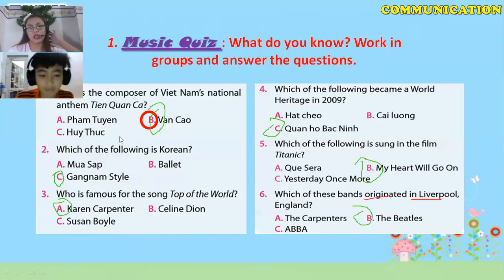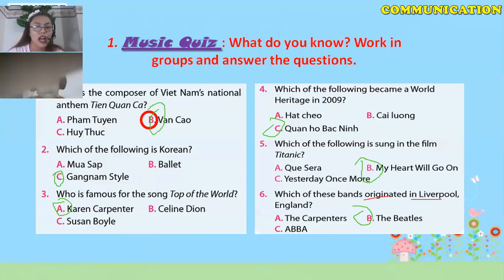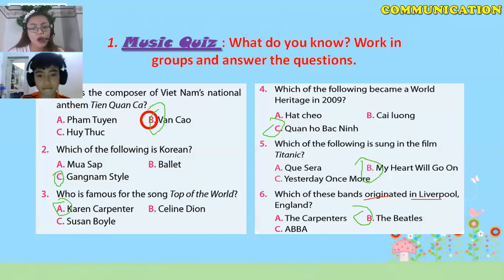So it says that Pham Tuyen is a well-known Vietnamese musician. So he is also the head of Hanoi's Voice of Vietnam, and he is the author of many Vietnamese music, which is, I cannot read. How do you read this one? Dang, this one. Let me type it.